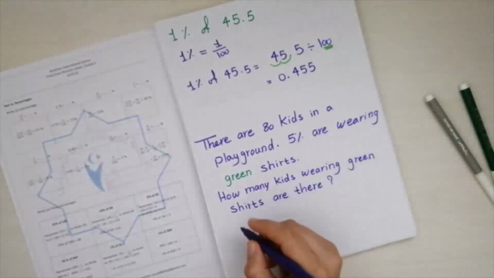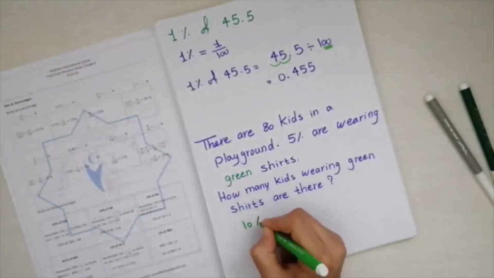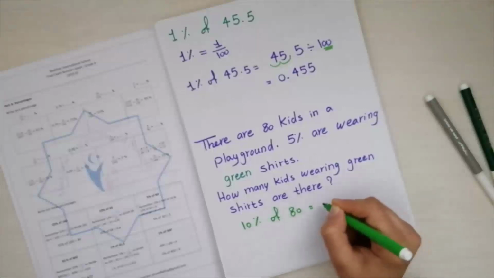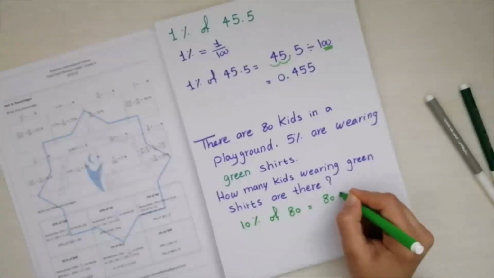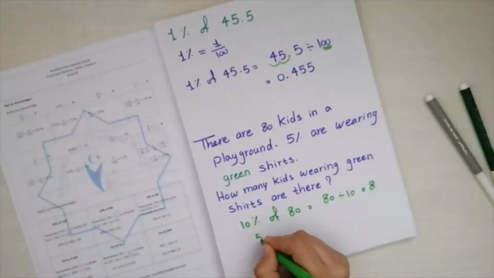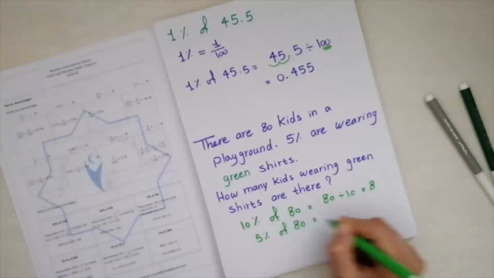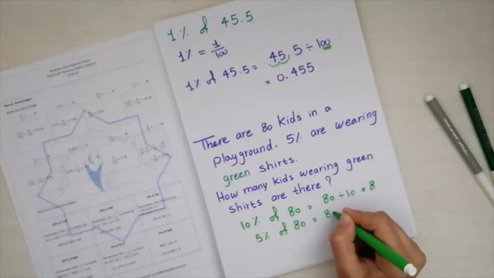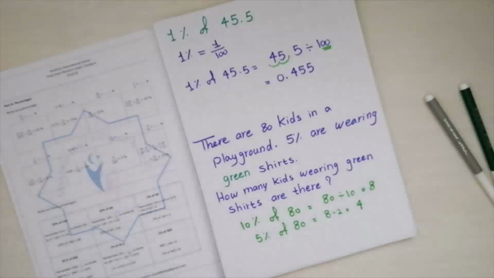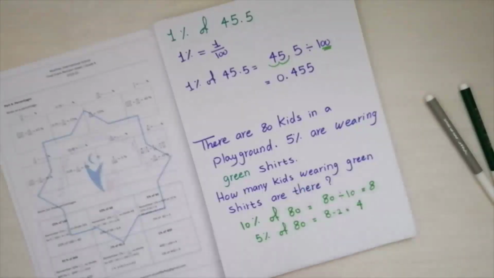So 10% of 80 is equal to 80 divided by 10, which is 8. 5% of 80 is equal to 8 divided by 2, which is 4. This means that 4 kids in the playground are wearing green shirts.